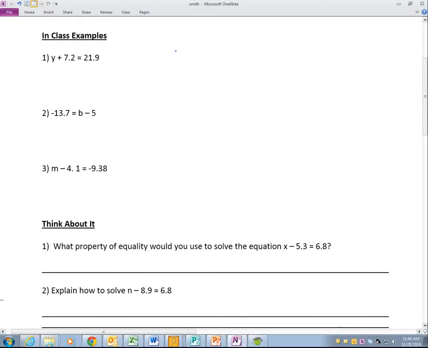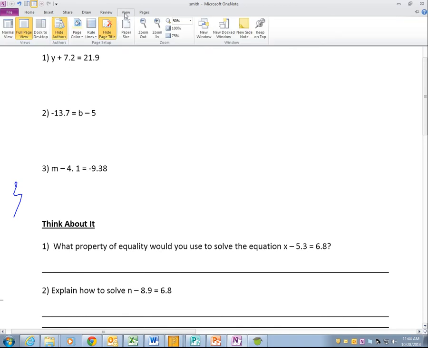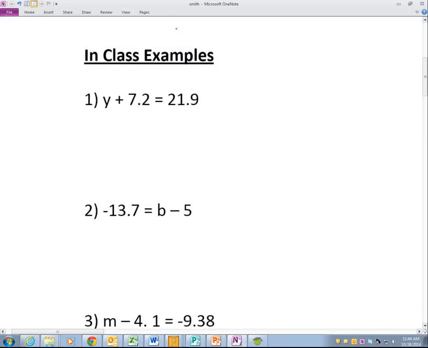Since we have y plus 7.2 equals 21.9, what's the first thing that we have to recognize about this? Actually, it was the first question on the quiz.